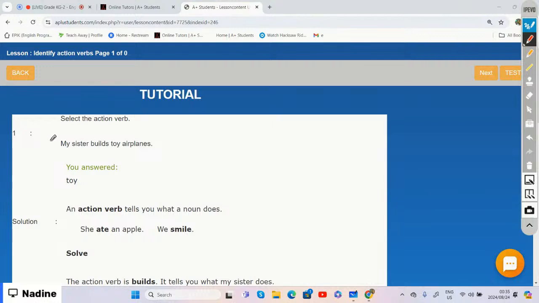It says here, my sister builds toy airplanes. My sister builds toy airplanes. We need to choose the action that my sister does.